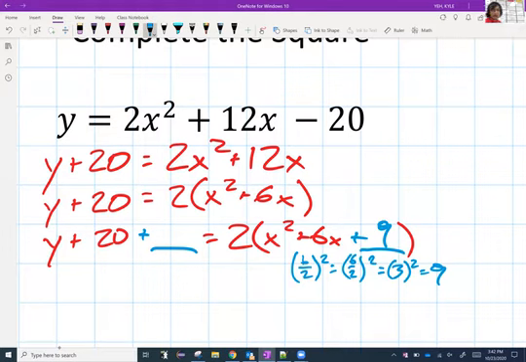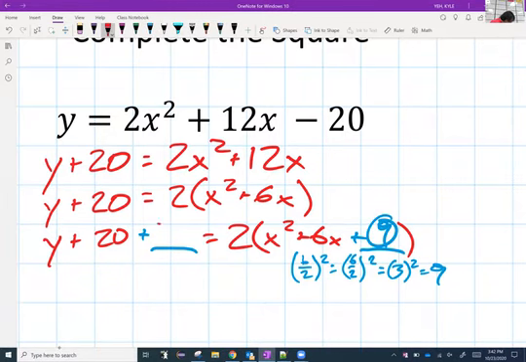Now here's where things get a tiny, tiny bit different from 5.5. I didn't really add 9 to the right-hand side. I actually added 18. Because I put the 9 in a spot, I just wrote out a 9, inside parentheses that were being multiplied by the 2.